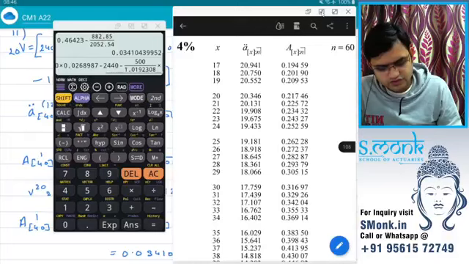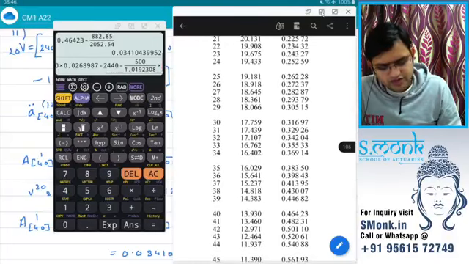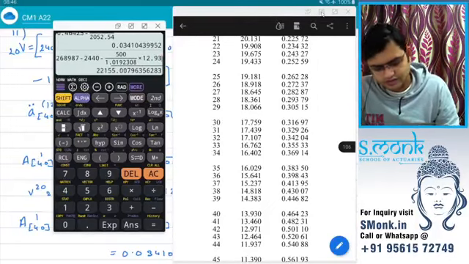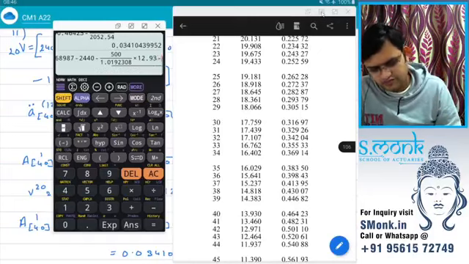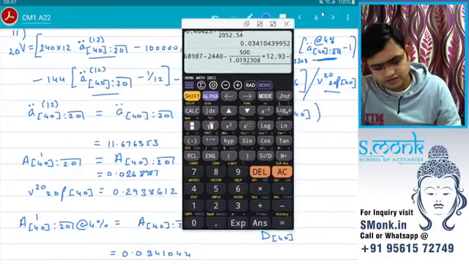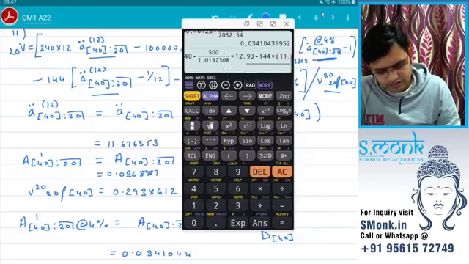The 60 value, 13.93, target as 12.93. Minus 144, 676.